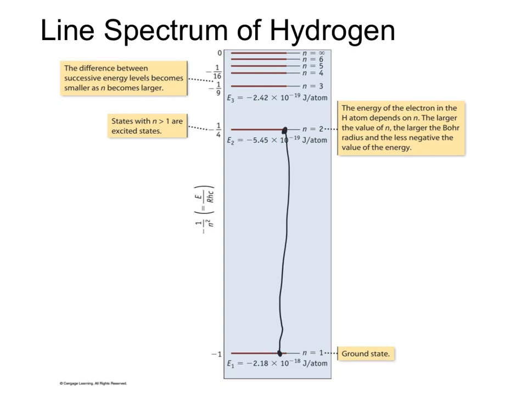Or we might have an electron that's already here at n equals 2. Supply it with enough energy to jump up to n equals 5, at which point it would almost immediately drop back down to n equals 2, releasing a certain amount of energy. And so this type of diagram just gives us another way to illustrate these transitions that we've been talking about.